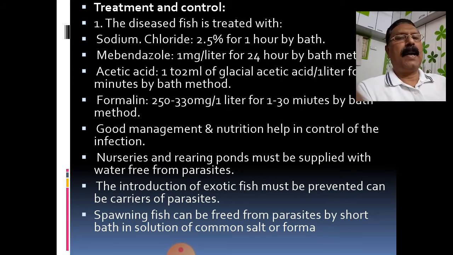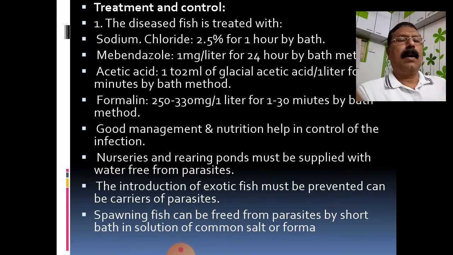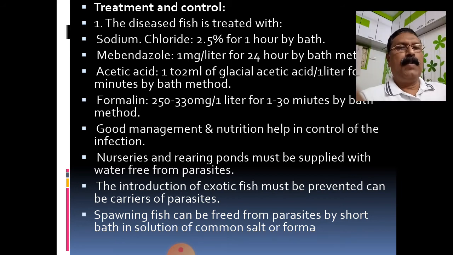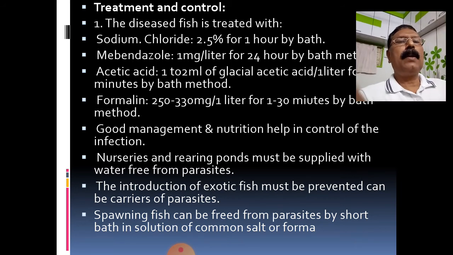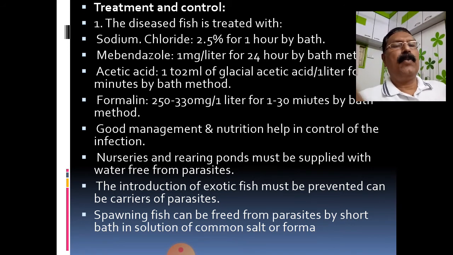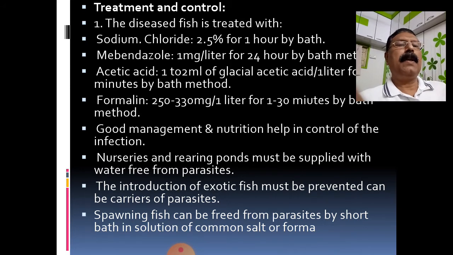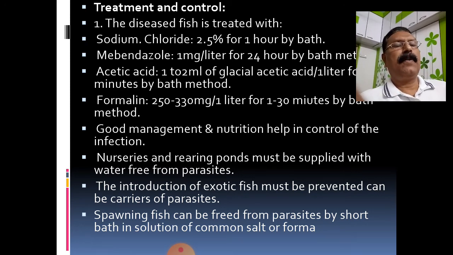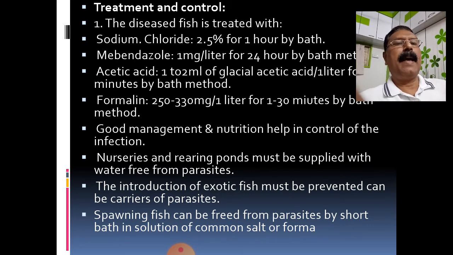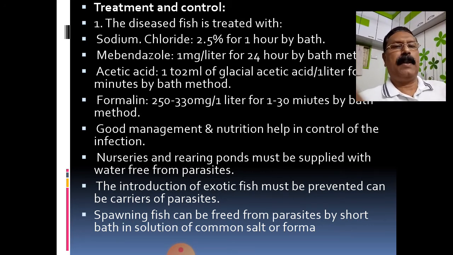Nurseries as well as rearing ponds must be supplied with good quality water free from any type of disease. Besides that, when you are importing fish seeds or brooder fishes, they must be properly treated with potassium permanganate as well as sodium salt, and so on, to prevent the further spread and distribution of the parasites.